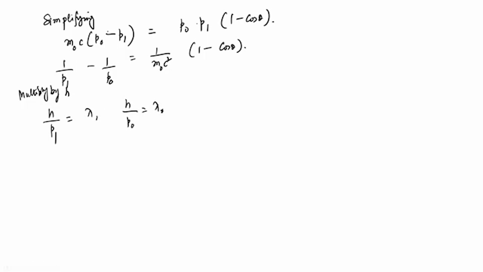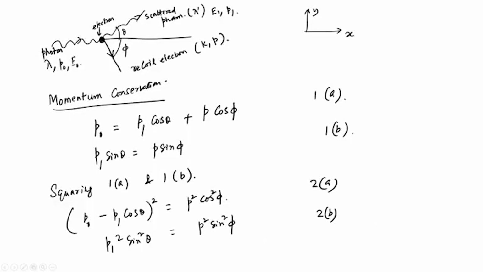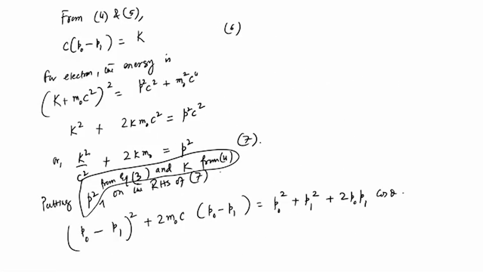Lambda prime is the scattered photon wavelength, and lambda is the incident wavelength of the photon.